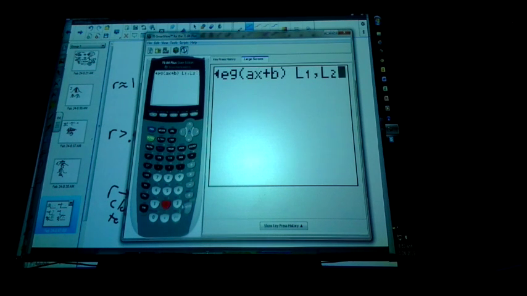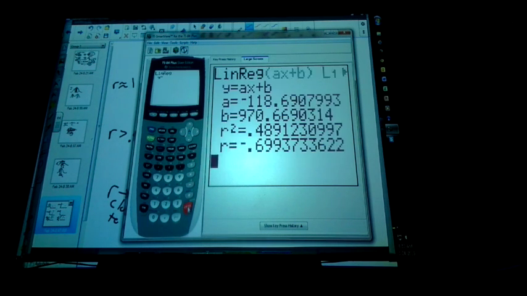That's good practice if you have multiple things in the list. And it's going to tell you the linear regression. So my straight line equation is negative 118.69 x. So it has a negative slope. My y-intercept is 970.66. My r value is negative 0.69.